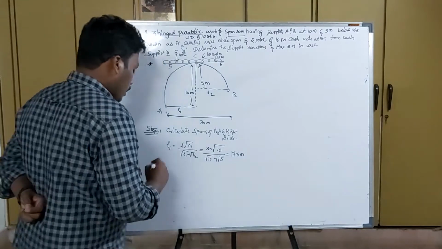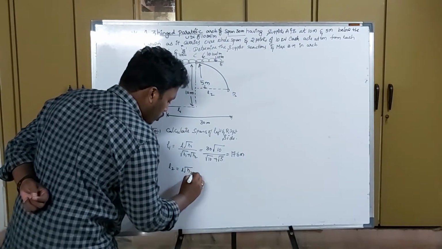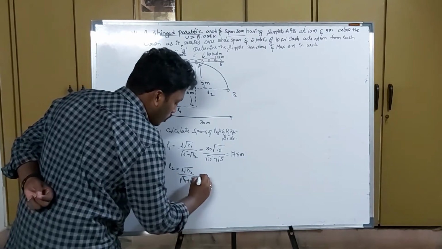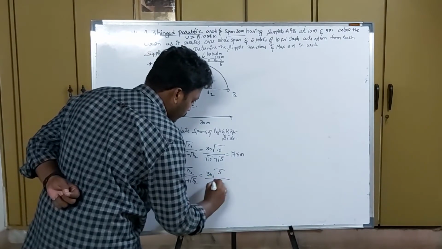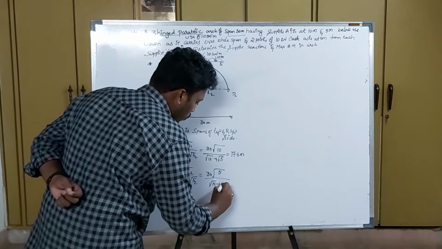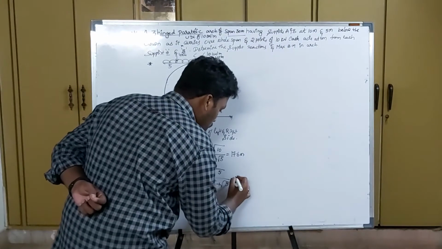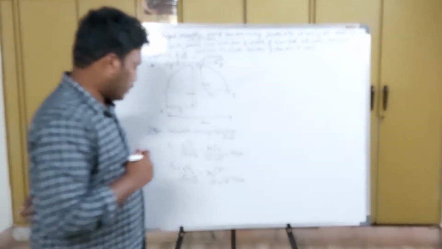In the same way, let us calculate the value of L2. L into root of H2 by root H1 plus root H2. Substitute the values. 30 into root 5 by root 10 plus root 5, which gives the value of L2 as 12.4 meters. This is the value of first step 1.